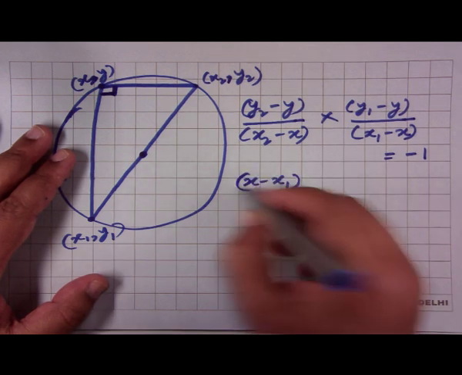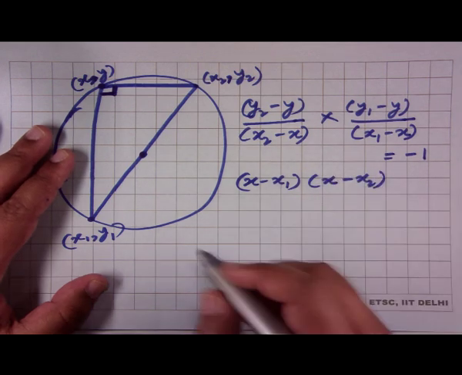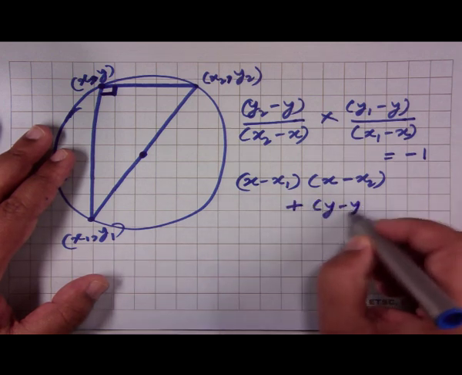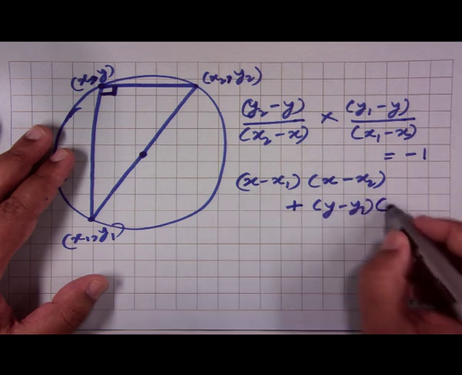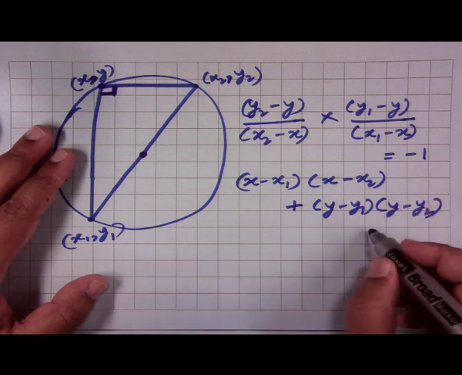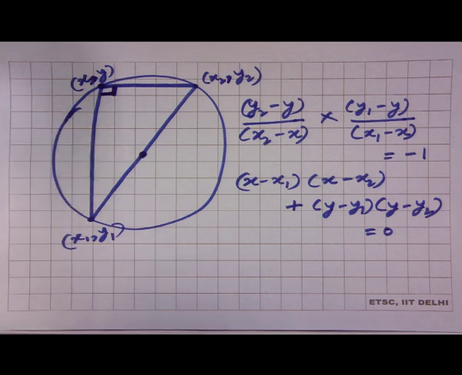(x minus x1) into (x minus x2) plus (y minus y1) into (y minus y2) equals 0.